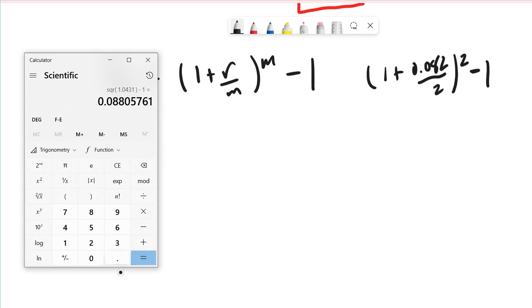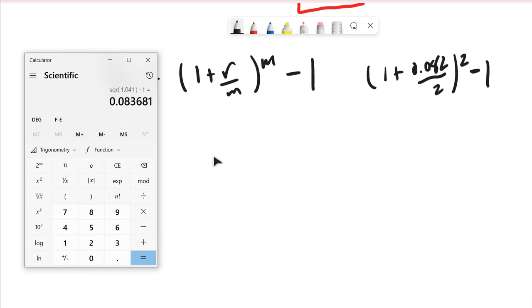Semi-annually. Okay, so 0.082 divided by 2, plus 1. But then square that. There we go. Minus 1.